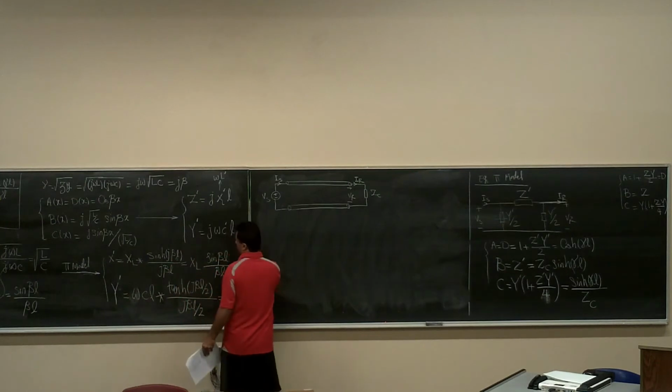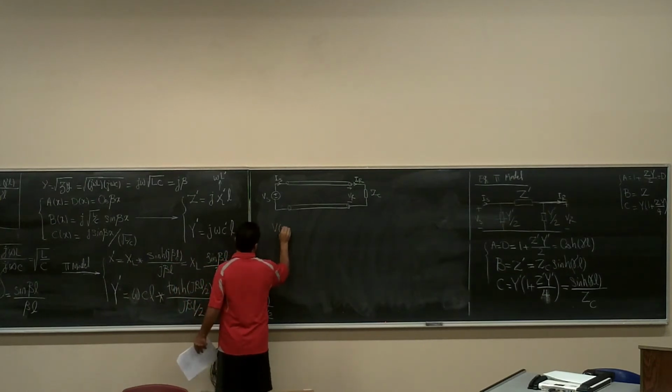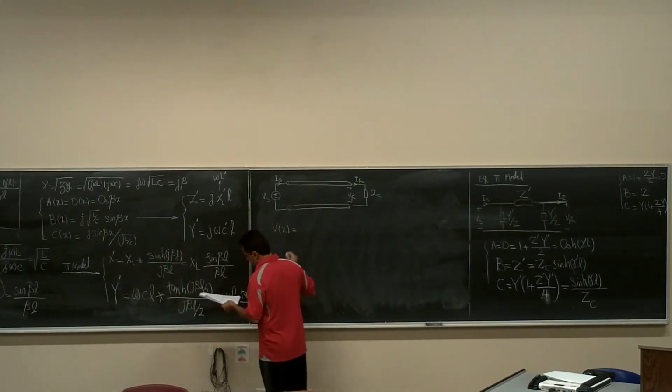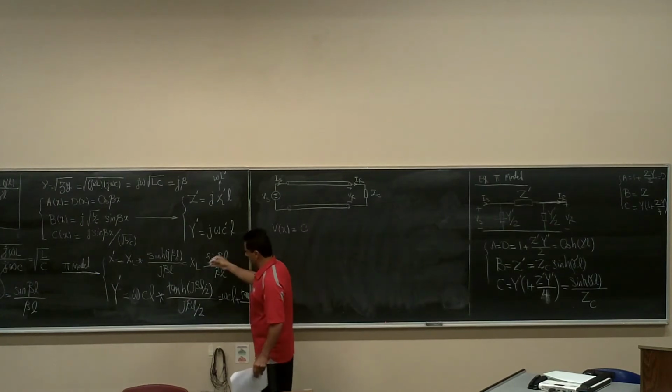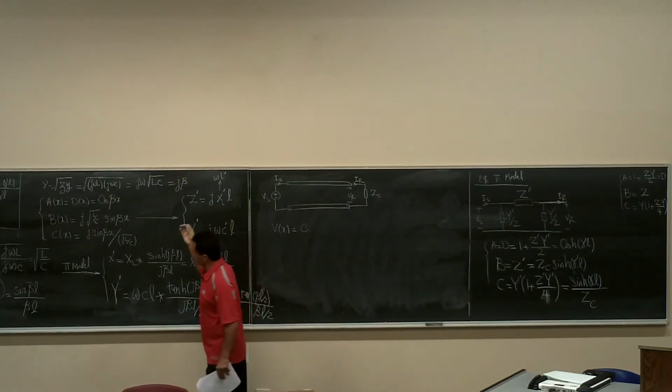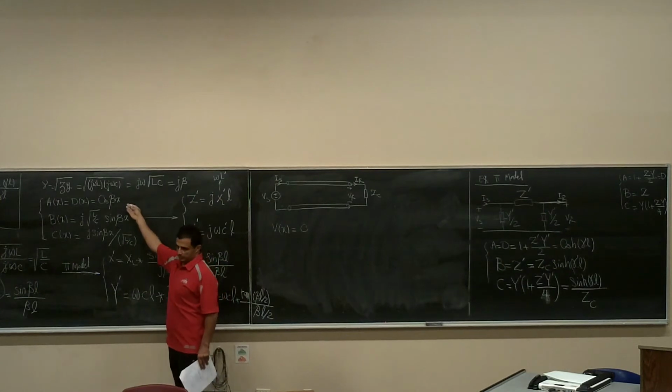We said, if you go back to the equation, Vx is equal to cosine beta x times VR, right?